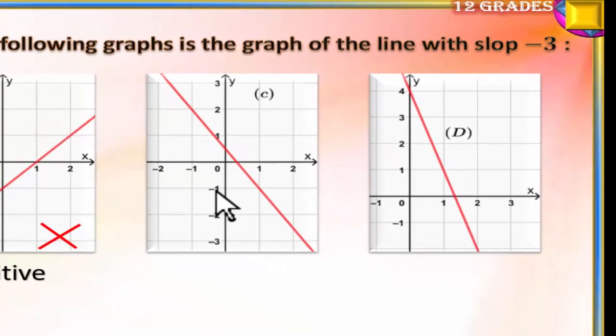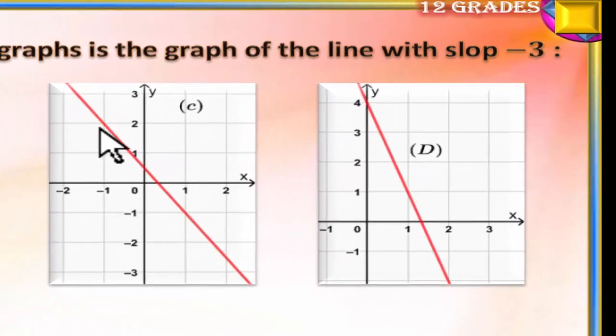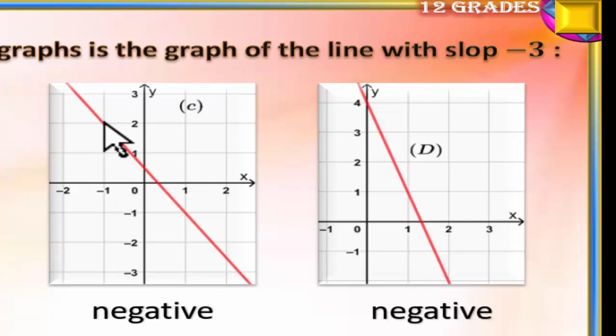On the C, take a point here and move to the right 2 steps. That means horizontally, this is 2. Then delta x is 2.